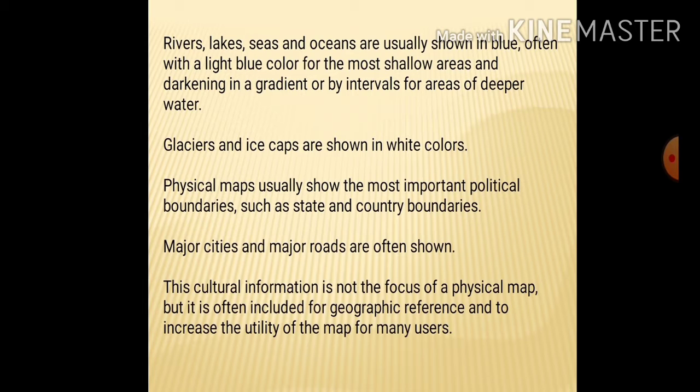Physical maps usually show the most important political boundaries, such as state and country boundaries. Major cities and major roads are often shown. This cultural information is not the focus of a physical map, but it is often included for geographic reference and to increase the utility of the map for many users.